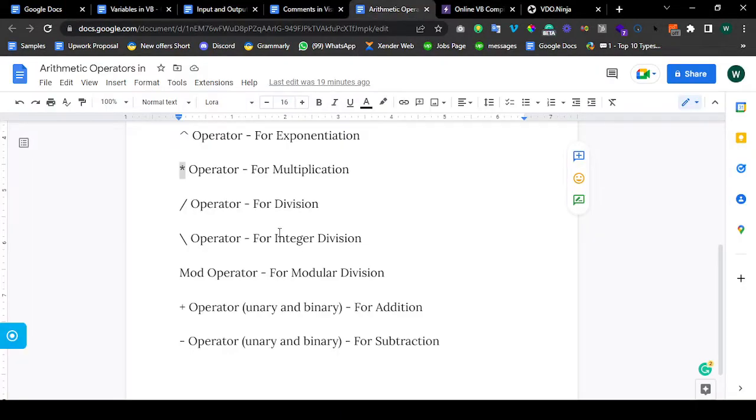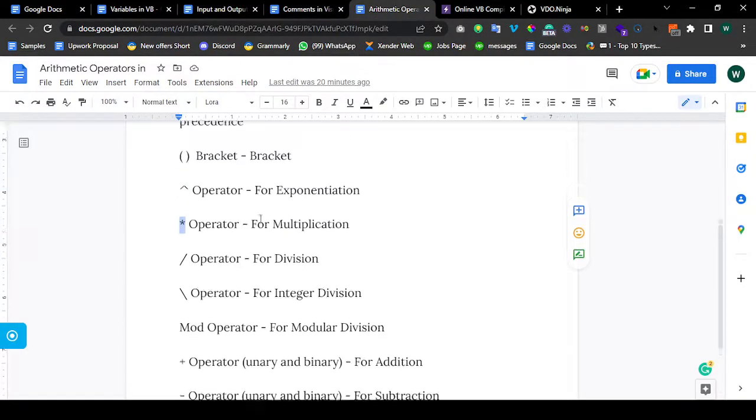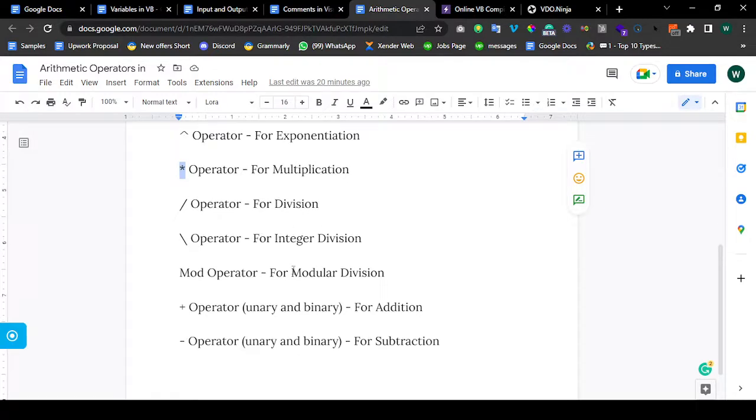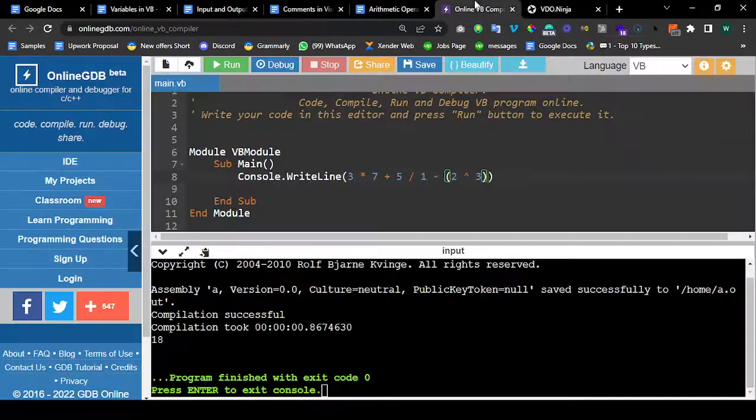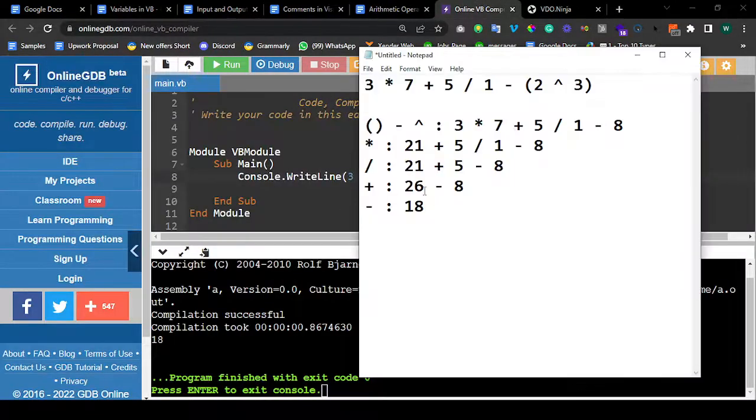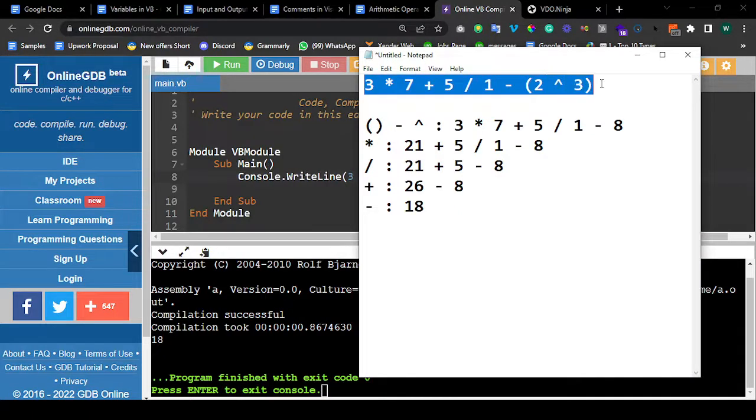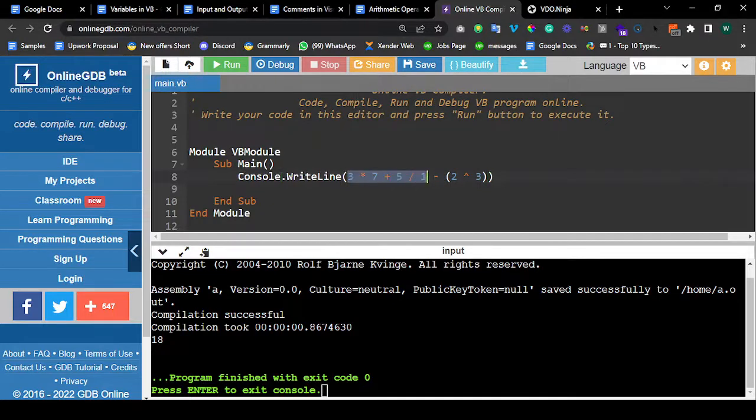So these are the arithmetic operators we have in the Visual Basic VB programming language, and this is how you try to solve it manually before cross-checking your work with the code. You will be seeing a lot of this in the exam. So just master it very well.